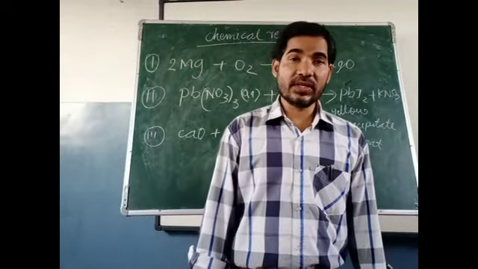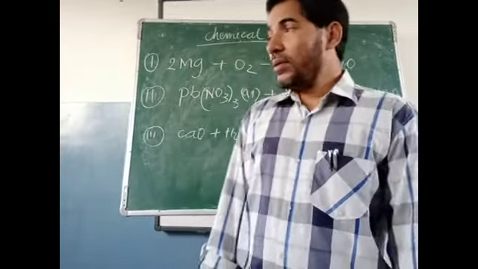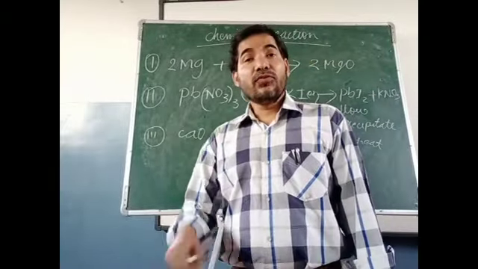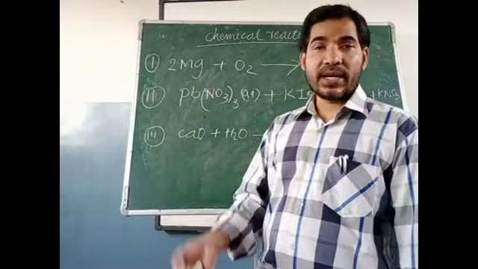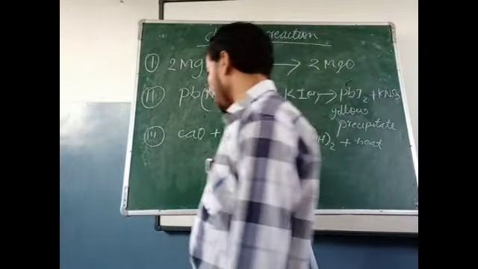Now another definition we have to take. The reaction in which evolution of gas takes place is also called chemical reaction, and to understand this we have to take an example.